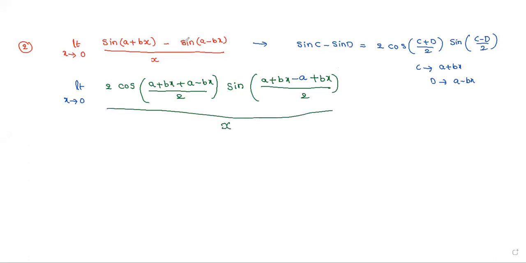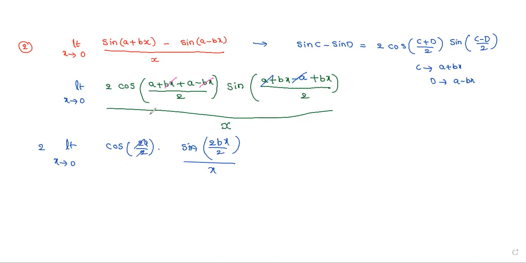Please observe: in the first condition, plus bx and minus bx cancel. A plus a is 2a. Limit x tends to 0, 2 is the constant, cos of 2a by 2 is also constant, so nothing to use there. In sin, plus a and minus a cancel, leaving 2bx by 2 by x. The 2s cancel.